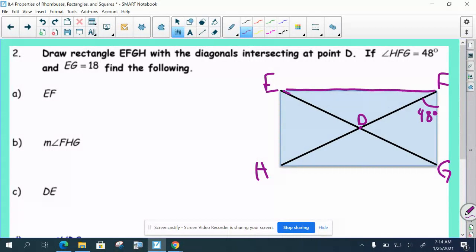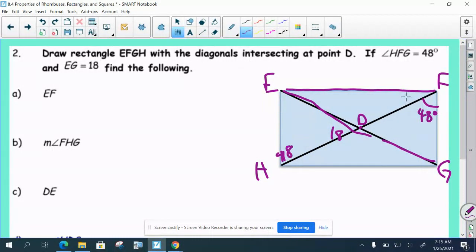This is going to be a little bit tricky. We know this here is 18, that would be our hypotenuse. We do know some things about the alternate interior angles, so let's play with some angles here. Sorry, not 18, 48.